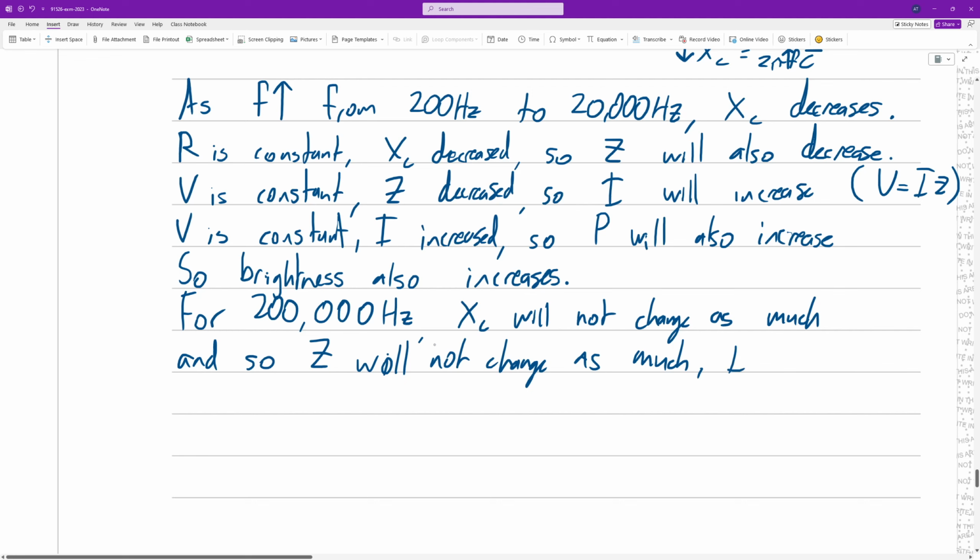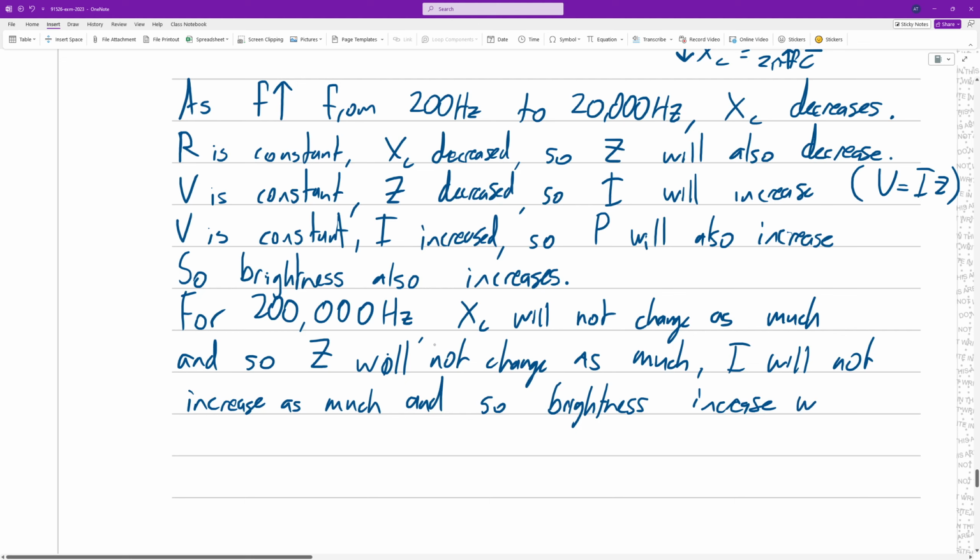Current will not increase as much, and so the brightness increase will be small, right? Not unnoticeable, but not as significant as the first jump in frequency.